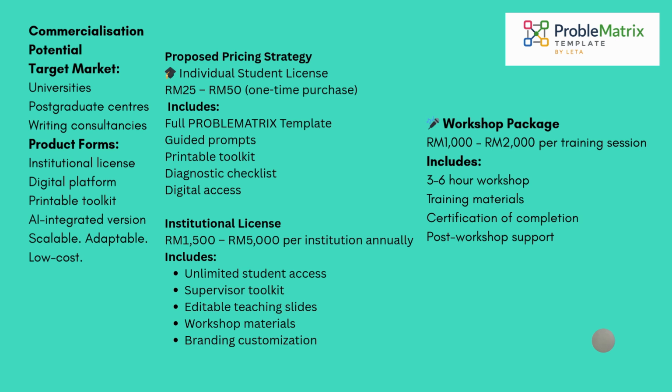We also offer structured workshop packages for research training programs because the product is adaptable across disciplines, even though we emphasize social science. So, this could be a potential template to be used in research and training programs.